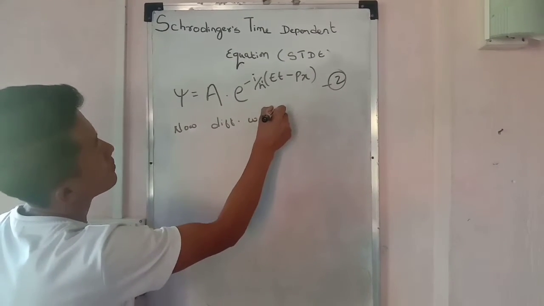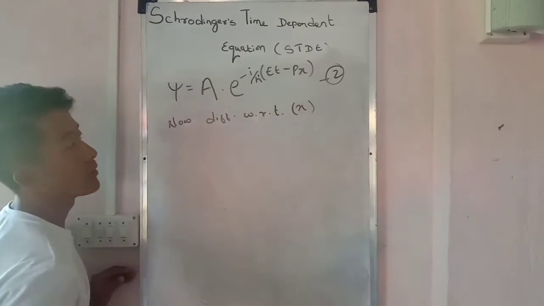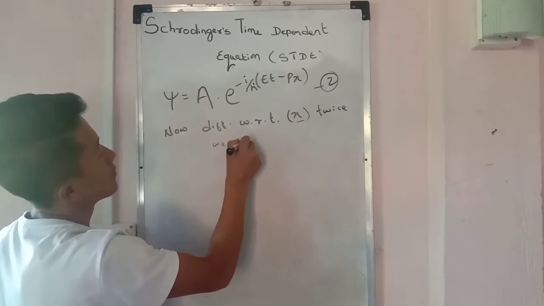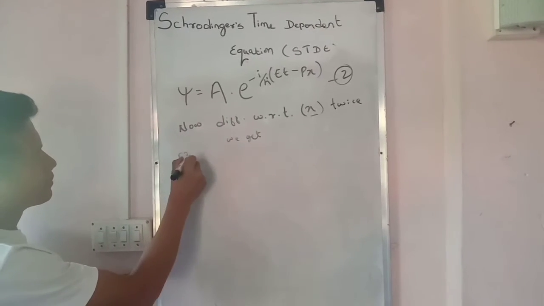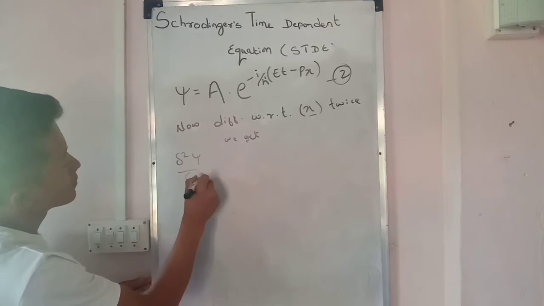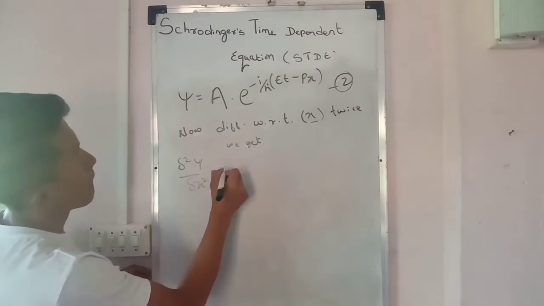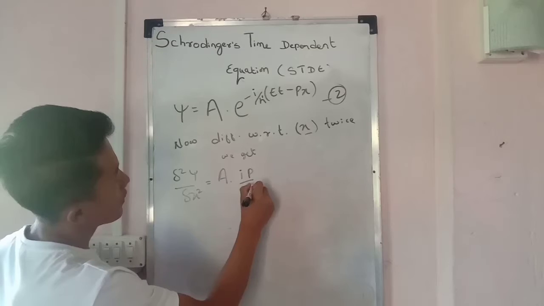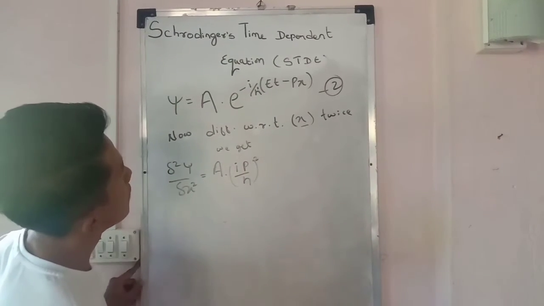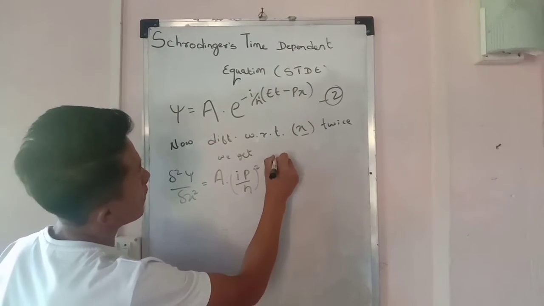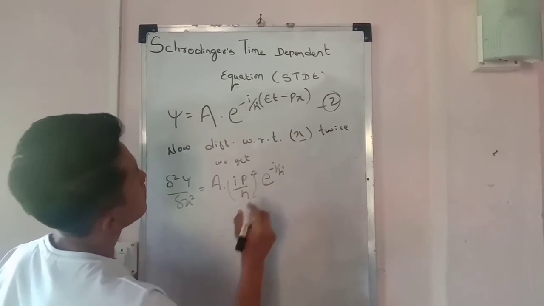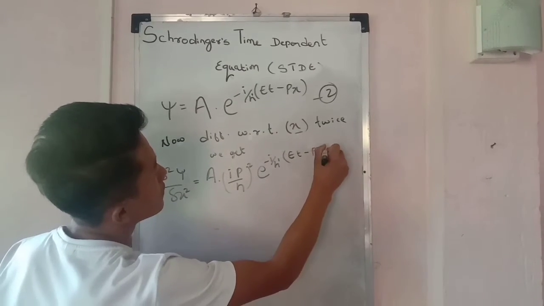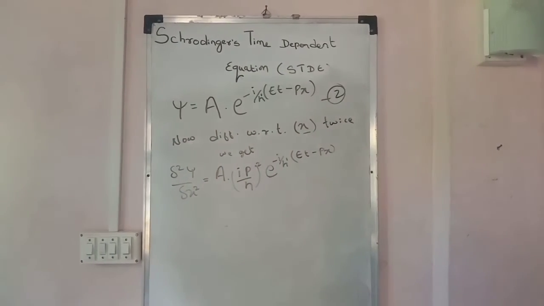Differentiating with respect to x twice, we get del square psi by del x square equals A (i p by h dash) whole square e to the power i by h dash (E t minus px).